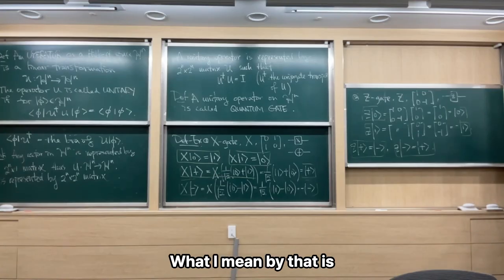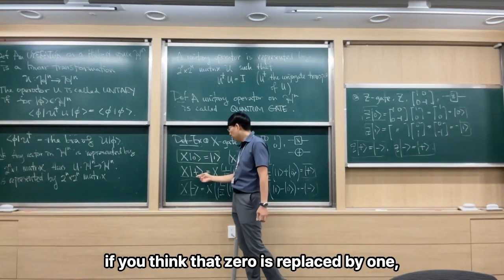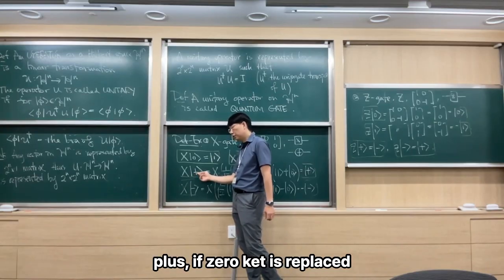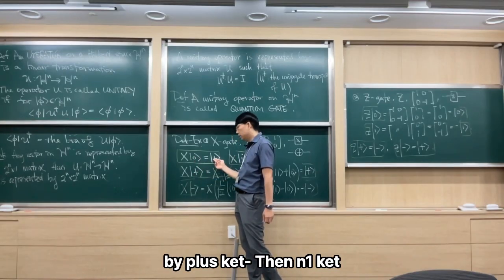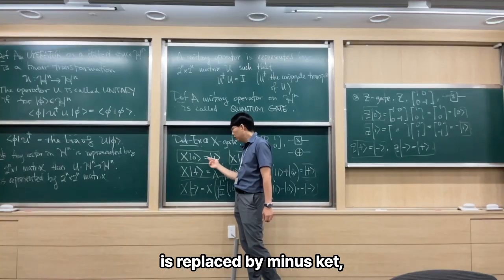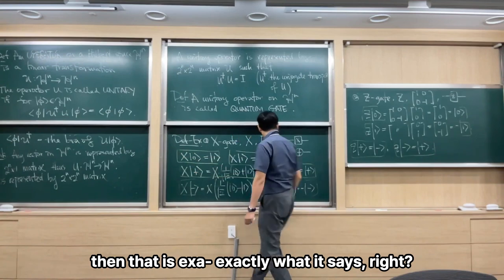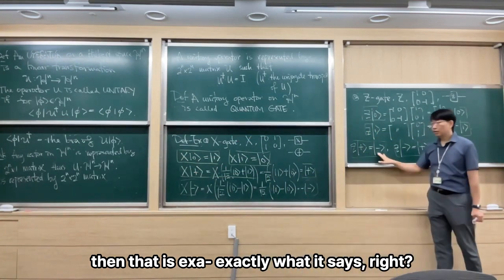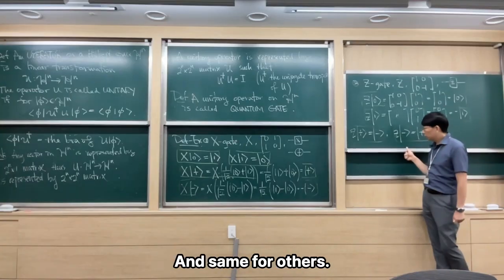What I mean by that is, if 0 ket is replaced by plus ket, and 1 ket is replaced by minus ket, and X is replaced by Z gate, then that is exactly what it says, right? And same for the others.